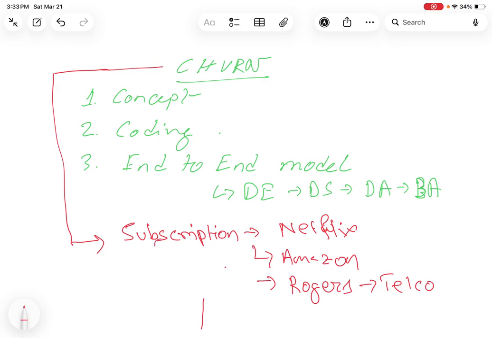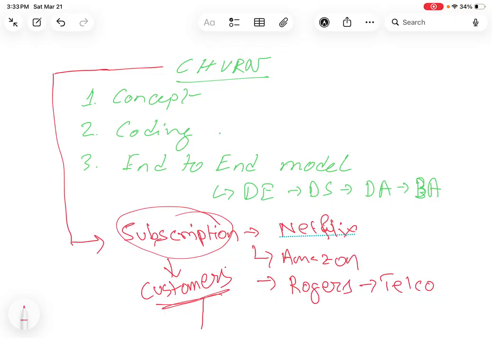In a subscription based business model, the customer is the main key, how many customers you are holding or capturing for a longer time period, and you have to understand what the customers are trying to say from a data perspective, else they might leave you and go to the competitor, right? That's basically the typical way the business looks at it.